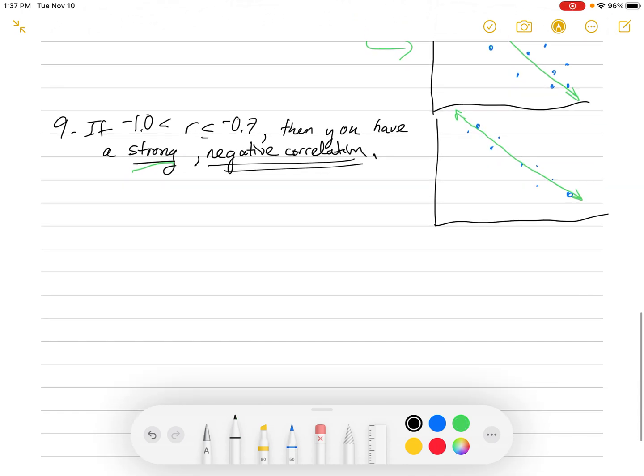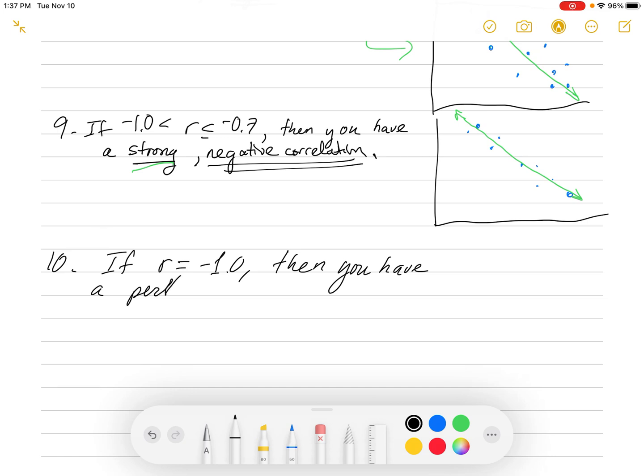Okay, we got just one more situation. What happens if your R, your correlation coefficient, is negative 1.0? That means you have a perfect negative correlation.